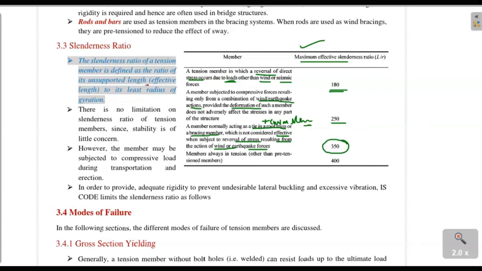But in case it is subjected to reversal of stresses, then it is limited to 180.